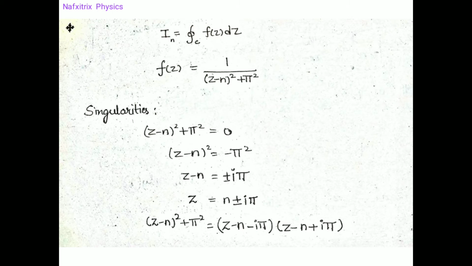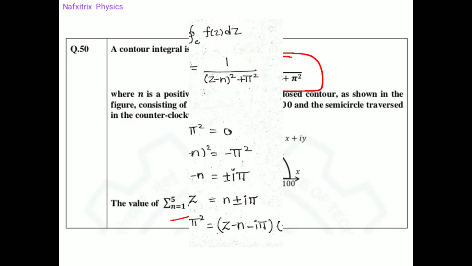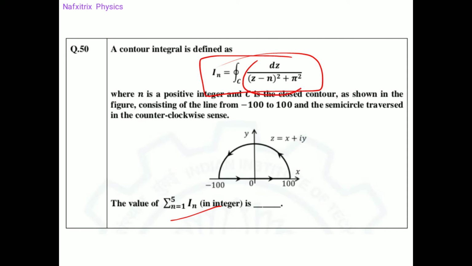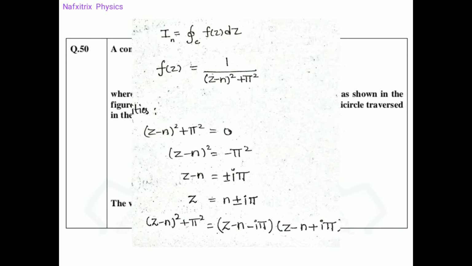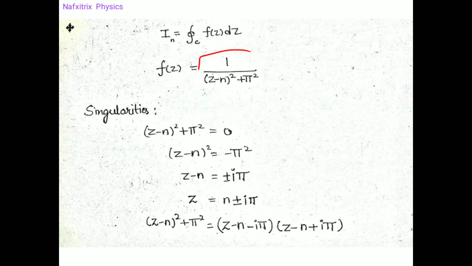Here we can write this integral I_n as the integral of f of z dz. In the place of f of z we have this. Other than dz and the integral, the remaining term is 1 by (z minus n) whole square plus pi square. Now we need to find the singularities of this.